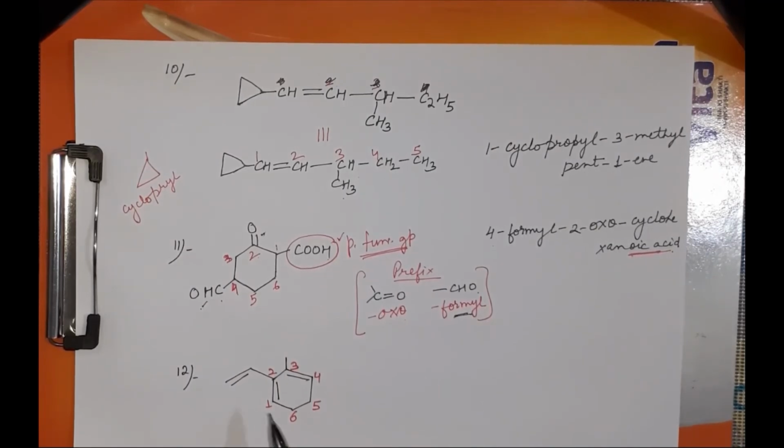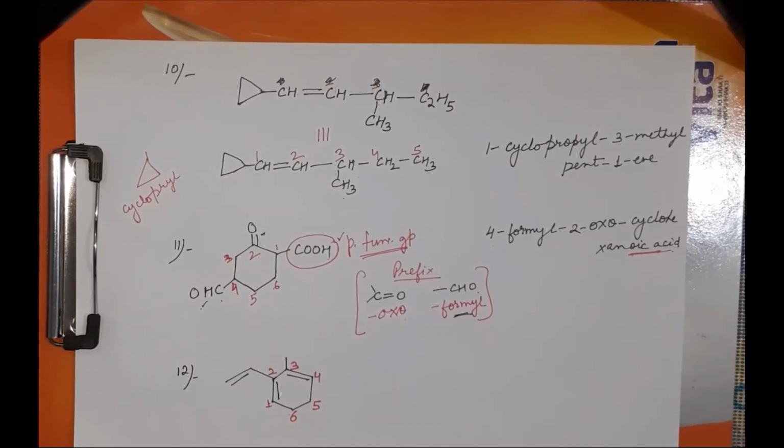So now coming on to the next compound. This is again another compound. First we have to give the numbering. We will do the numbering like this from this carbon: 1, 2, 3, 4, 5, 6. Because if we start with this carbon, then on C2 we will have one side chain, and C3 we will have one substituent, and they will get the lower number.